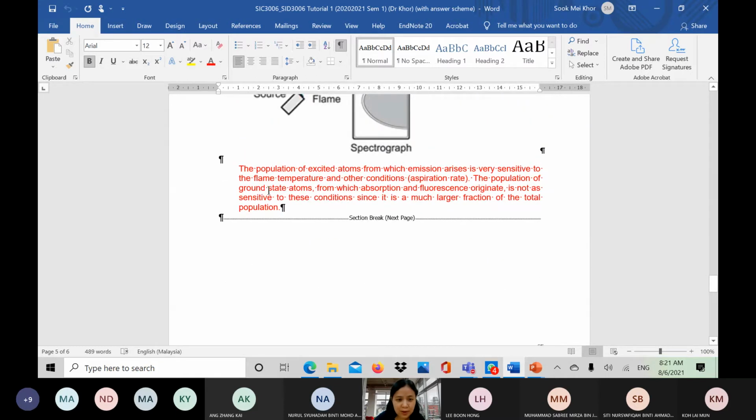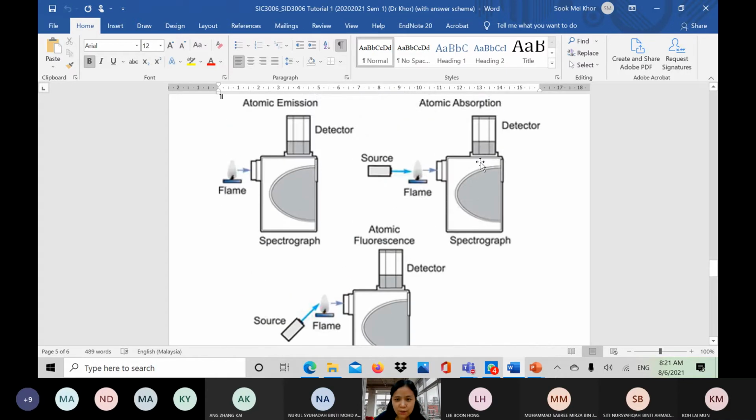The population of the ground state atoms from which absorption and also fluorescence originate is not as sensitive to this condition, either this flame instability, the aspiration rate, the gas flow rate. No, it's not sensitive since it is a much larger fraction of the total population, because what we want to measure for AAS and AFS is the ground state atom, right?